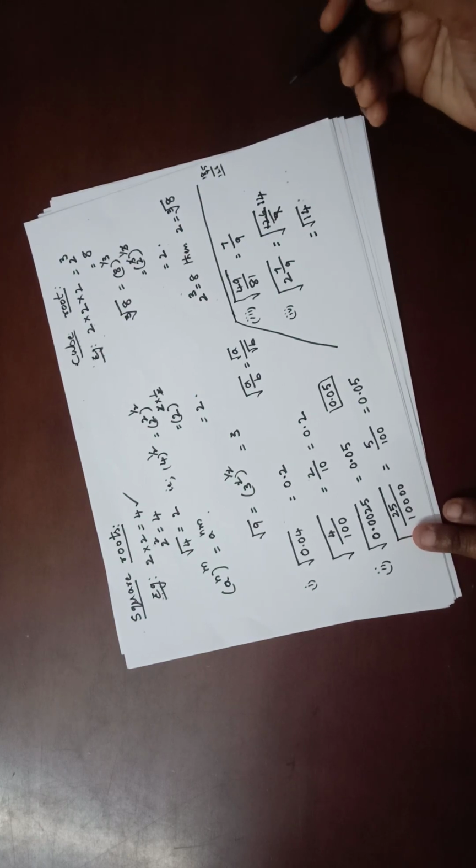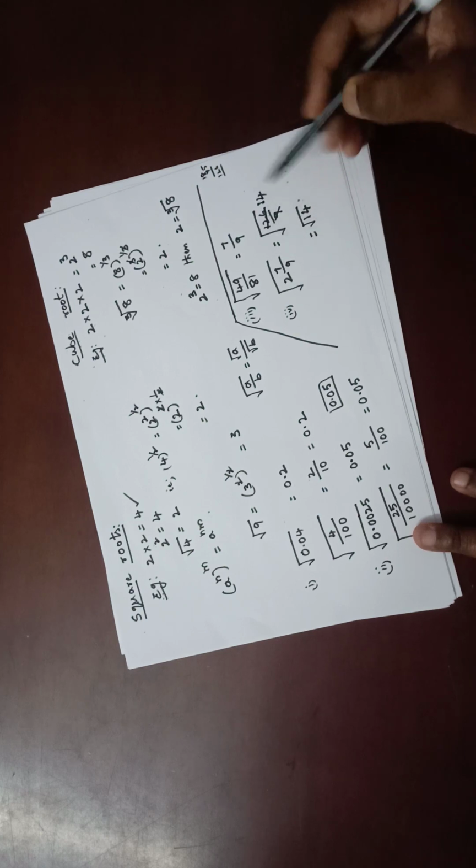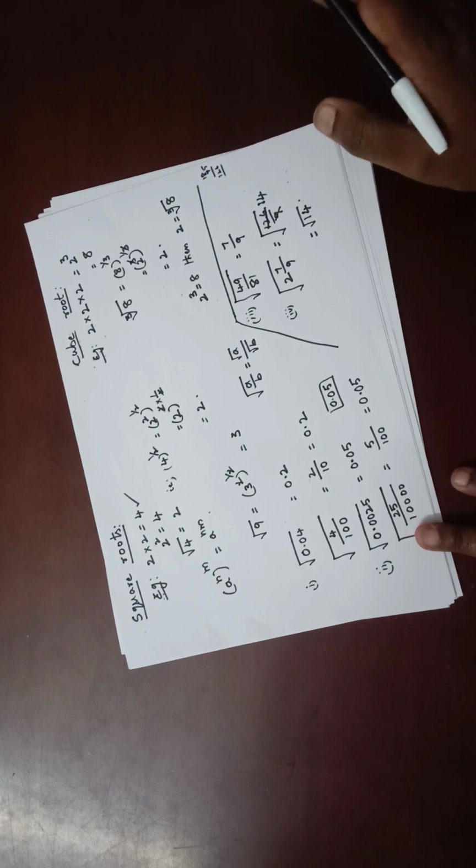So what is the square root of 2 7 by 9? You got only root 14. 14 is not a perfect square, so you will get the answer in this way: root 14. That's all.